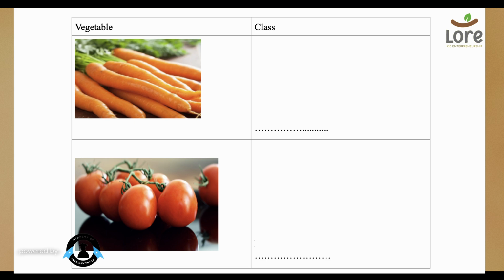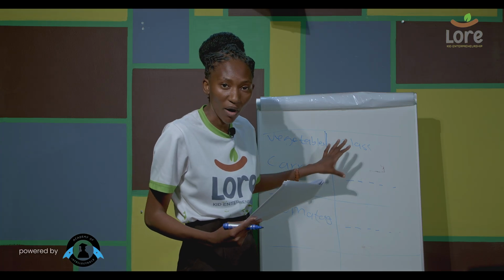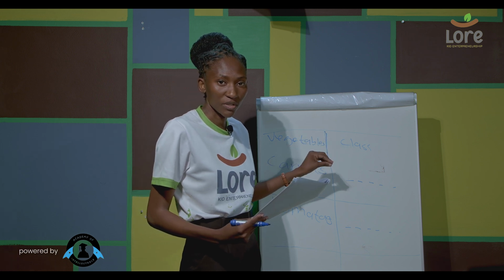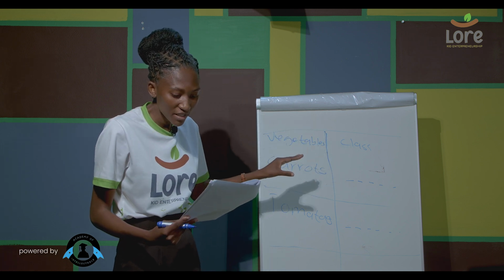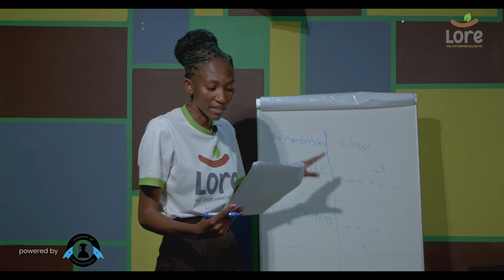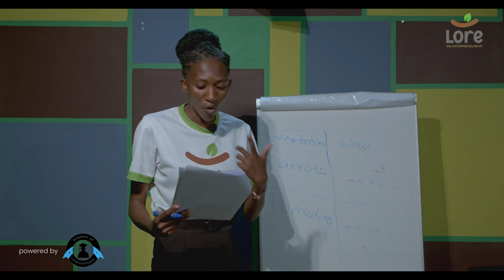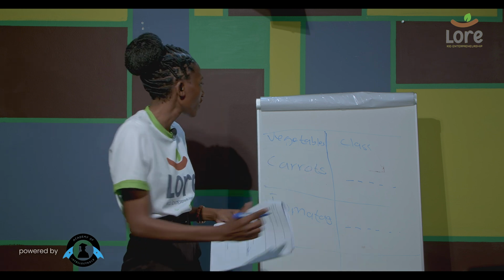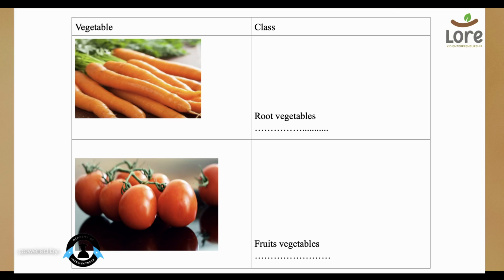Before we attempt to answer our question, it is important that we know what class of vegetables means. Class of vegetables is based on the part of the plant that we eat, be it a leaf or a root. Then our carrots, they are root vegetables.